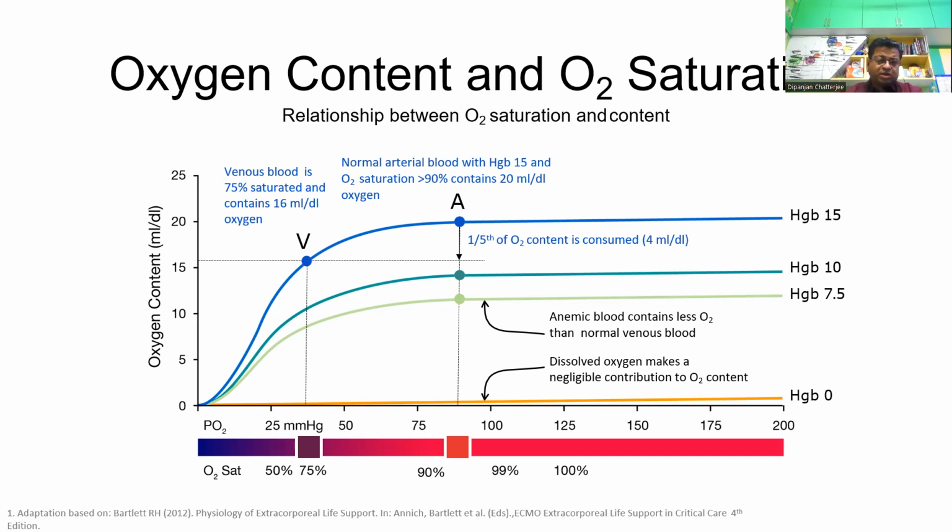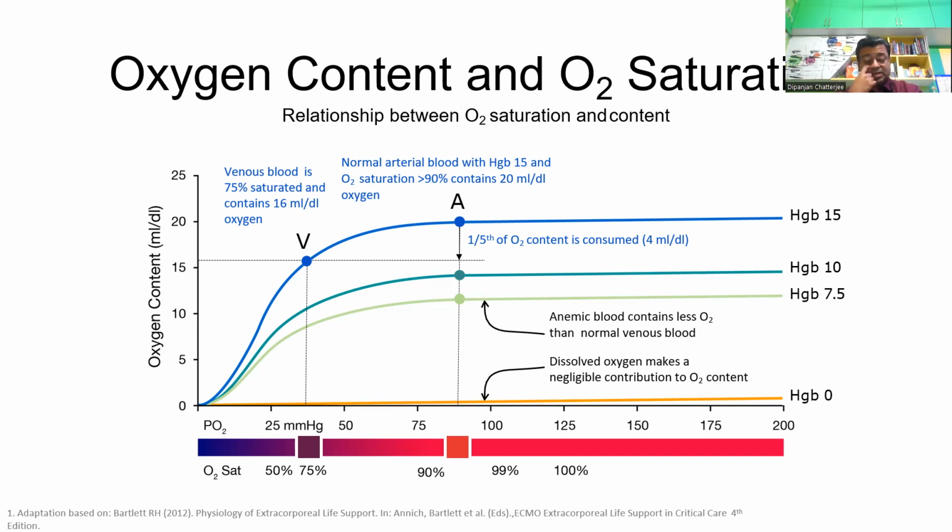When the hemoglobin goes down, the arterial oxygen content goes down further to around 15 and the venous oxygen content is approximately 10. And when the hemoglobin is further down to 7.5, the arterial oxygen content is only approximately 10, and the venous oxygen content is approximately 7 or 8.